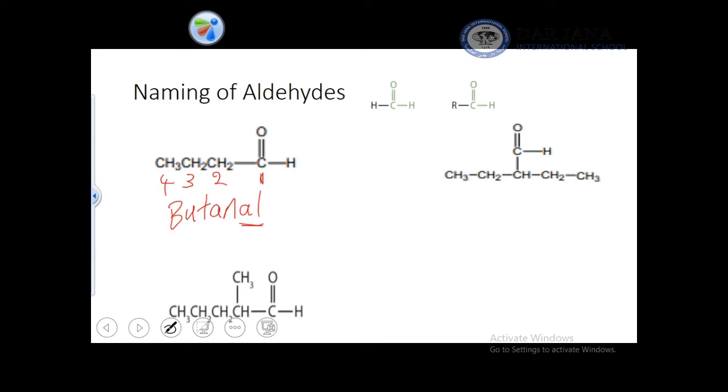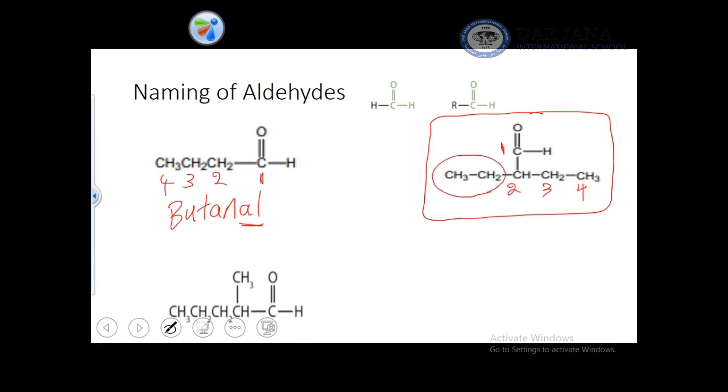Here in the second molecule, give the carbonyl carbon number 1: 1, 2, 3, 4. The substituent here is ethyl, and the ethyl is on carbon number 2. So it will be 2-ethylbutanal, because it has 4 carbon atoms.